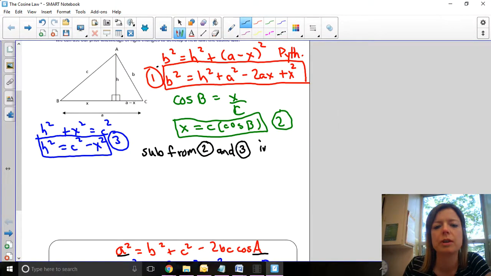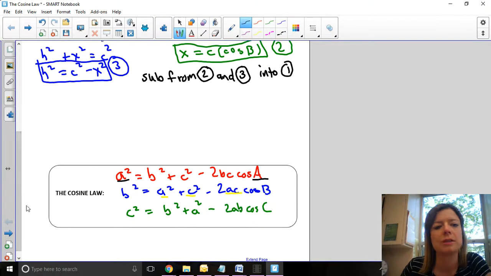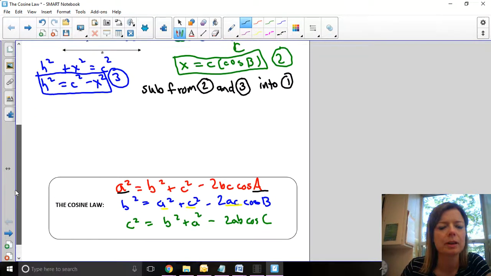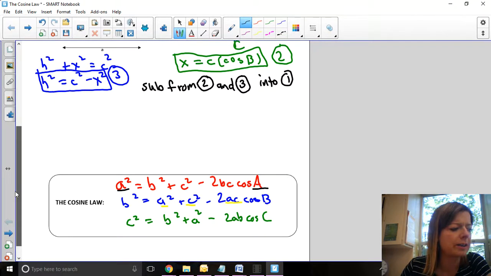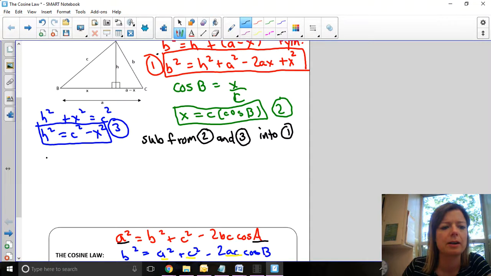into equation 1. Okay, and when we do that, we're going to be able to simplify it, and we're going to get the cosine law from before. So equation 1 was b squared equals, so I'm going to leave it as b squared.